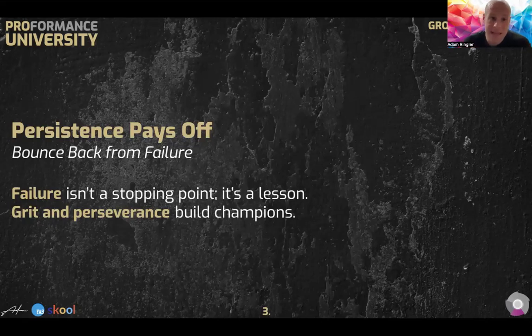Another thing about this is that in her books, she establishes that persistence pays off. So bouncing back from failure. Failure isn't a stopping point, it's just a lesson. It's just feedback, and feedback is the vehicle for growth. And that grit and perseverance builds champions.